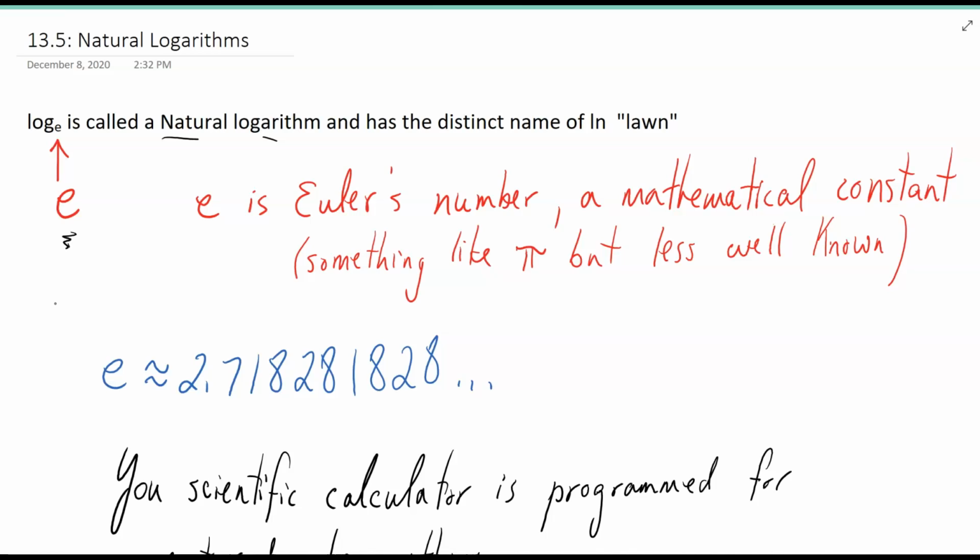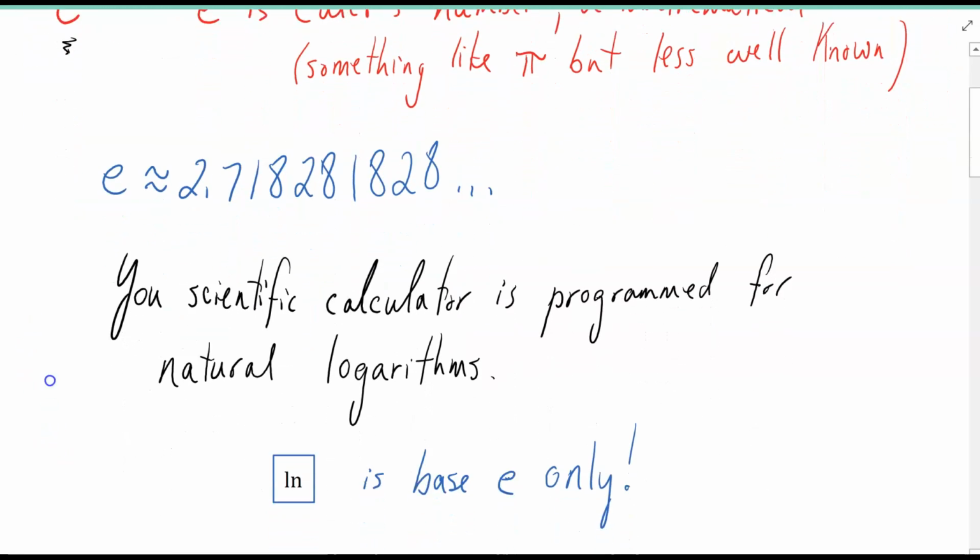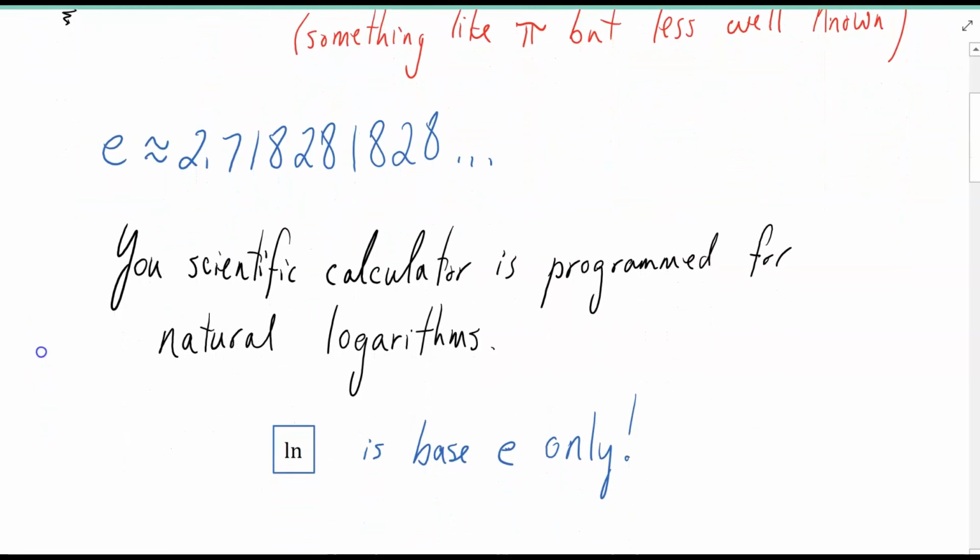Your scientific calculator is programmed for natural logarithms, and the key is right beside your log key, called the ln key, pronounced ln, not in. I think it's for logarithm natural, and these are only base e.